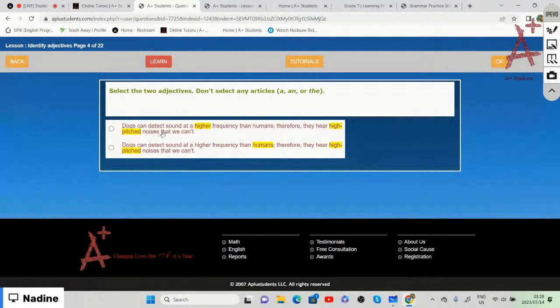Dogs can detect sound at a higher frequency than humans. Therefore, they hear high pitched noises that we can't. The two words highlighted within the first sentence are higher and high pitched.